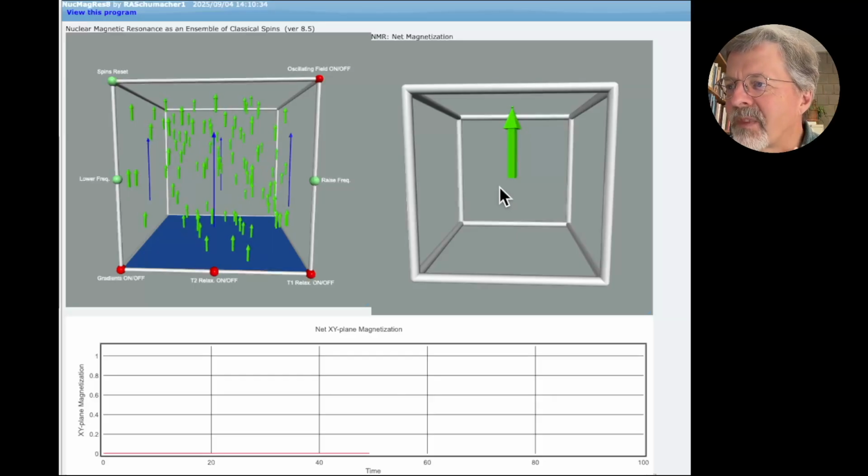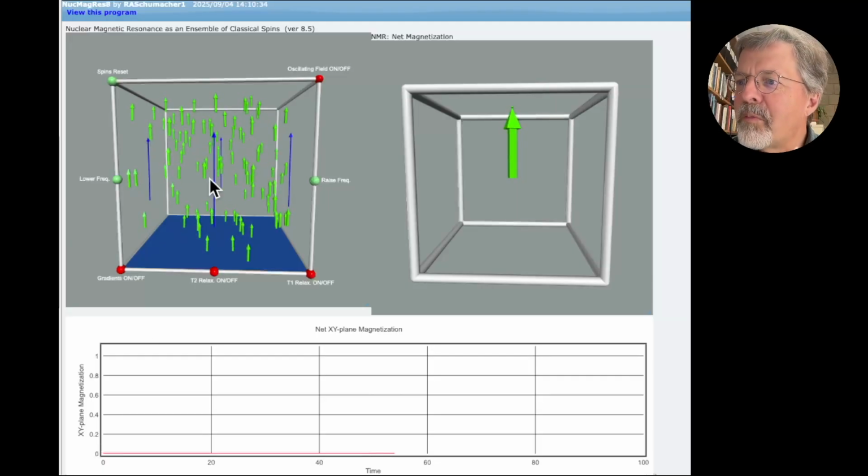And on the bottom we have a graph of the net magnetization of the whole sample in the horizontal plane, okay? And you can maybe see the red line creeping across here. The horizontal projection of the spin is 0 right now.